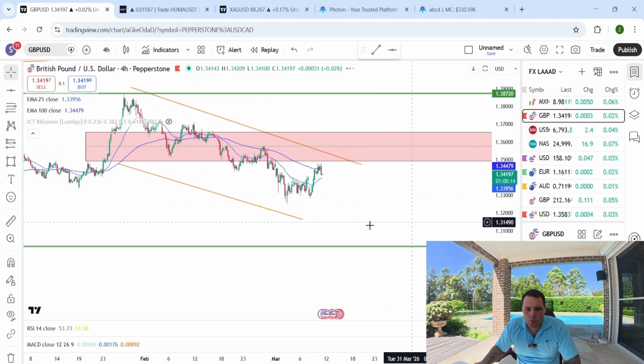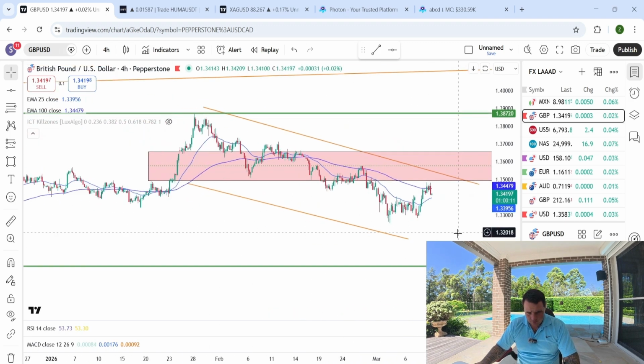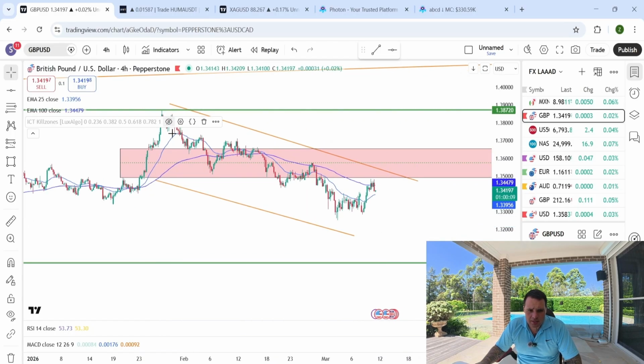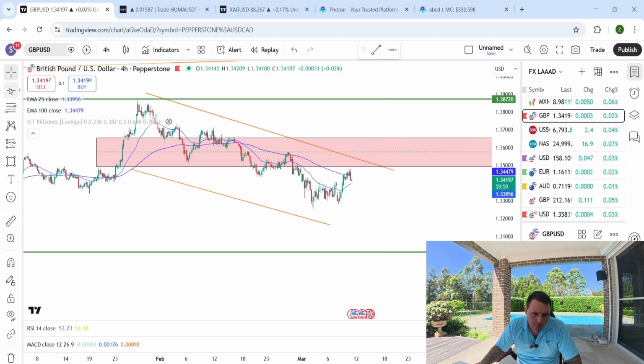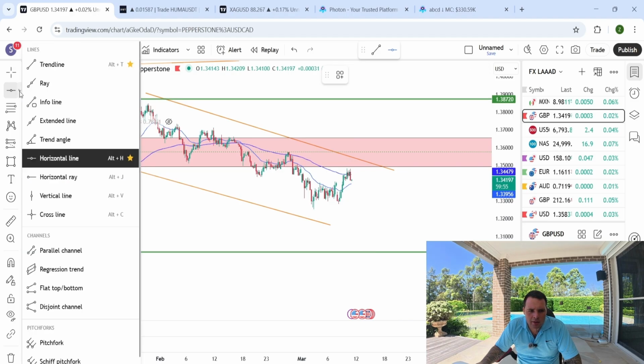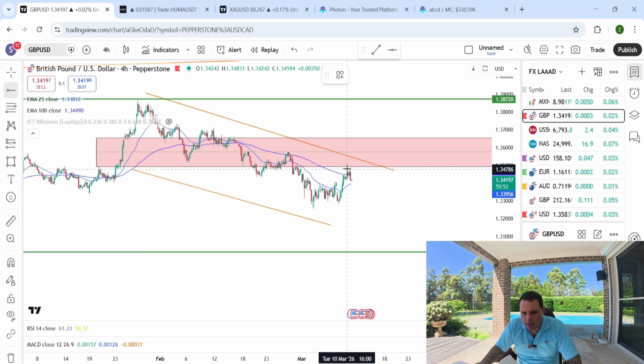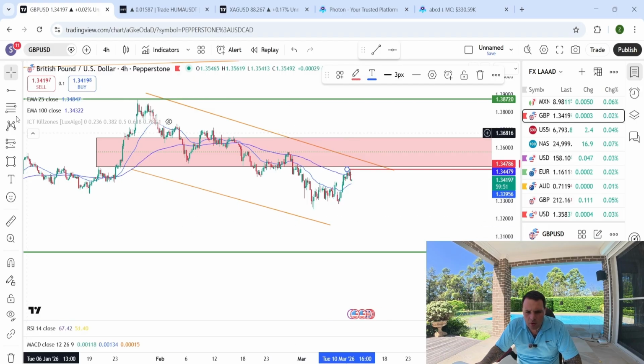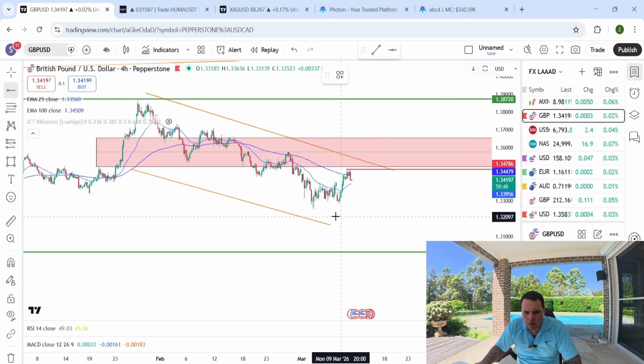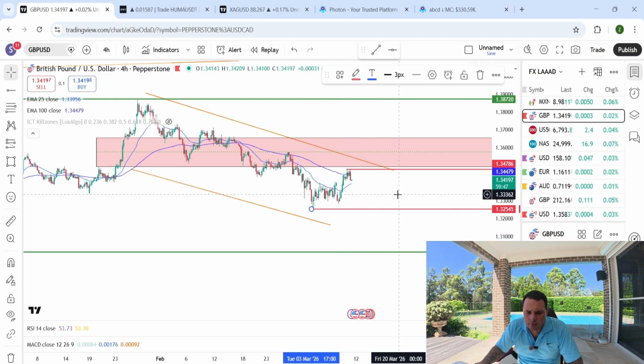4-hour chart. What are we doing? Lower high, lower low. Lower high, lower low. Lower high, lower low, lower high, lower low. So what are we doing? We're marking out the lower highs and we're marking out the lower lows. Lower high, lower low.